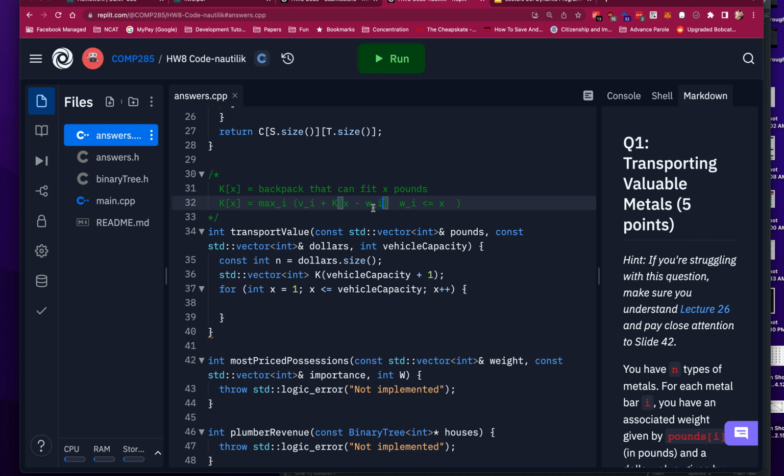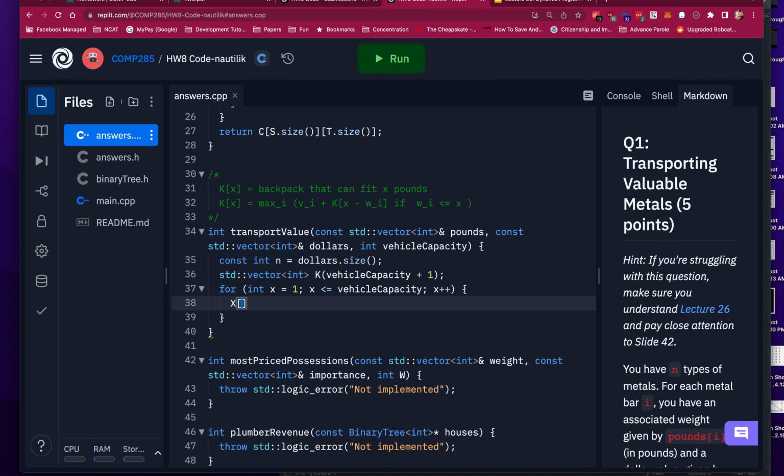So you subtract wi. Because now instead of how much can I fit in a backpack that fits x pounds, I'm going to try taking the ith item. So now I have a smaller backpack that cannot fit x pounds anymore, right? And that's if wi is less than x, and you take a maximum over all of these values, right?